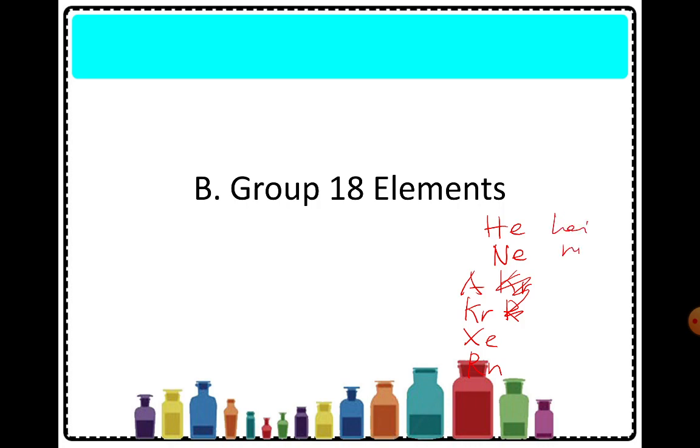Hey, Nina accident. Ini argon, Ar argon. Accident kena X-ray. Krypton, xenon, radon. Okay, so that is how you want to remember the group 18 elements.